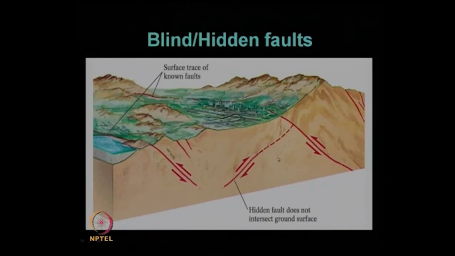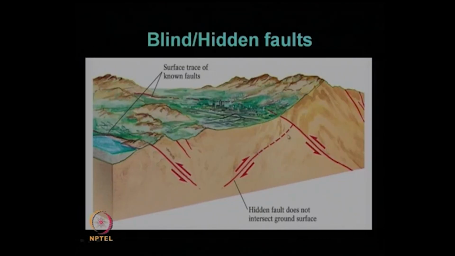But look at this fault. This is a fault, of course, a weak region within this mass of rock, but this fault plane is not able to make any surface trace on the ground. Why? Because it got intersected by this other fault. So, what happens?